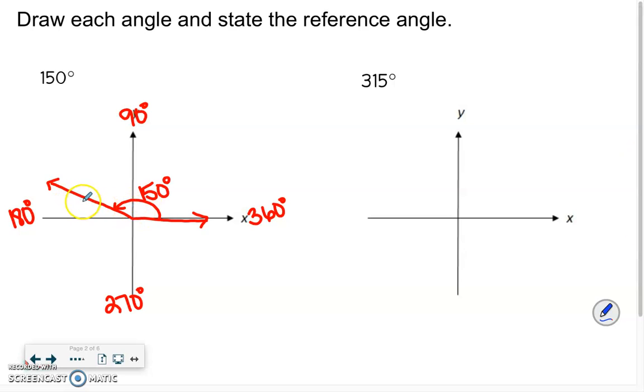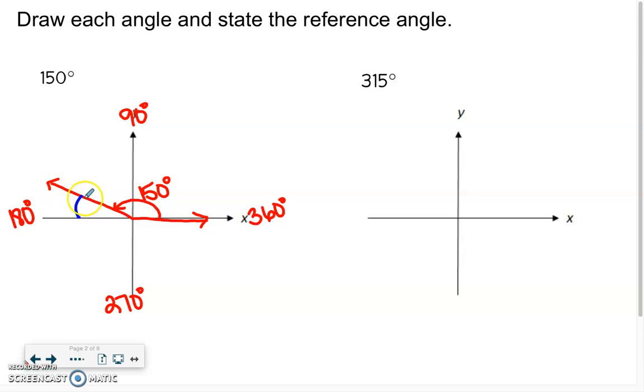Okay, so the reference angle is the distance from that mark to the x-axis. If I'm currently at 150, how much further do I need to go as an angle to get to here? Well, this is a 180 turn, a half of the way around the circle. That's 180 degrees.